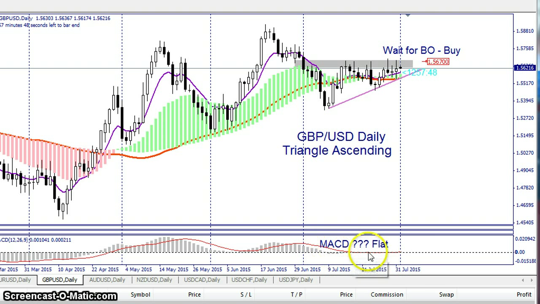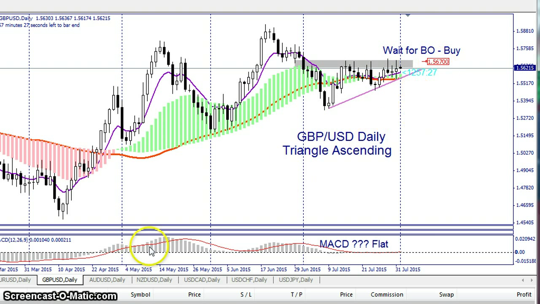MACD is flat. You can see it's just going sideways, and that's why you can see price consolidating sideways. Price is not going higher, not going lower, as confirmed by the MACD, even though it's a bit lagging. But I do expect price to continue going higher once it breaks out above the high here, 156.70.